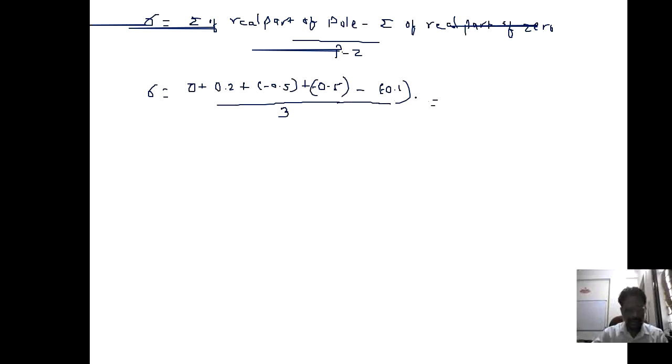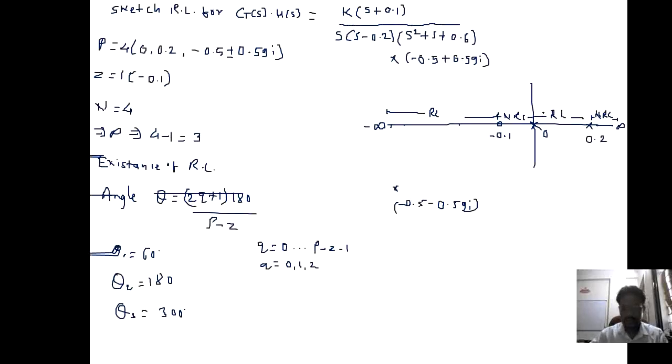So the value of sigma is 0.23. Where is it lying? It is positive, plus 0.23, somewhere here.